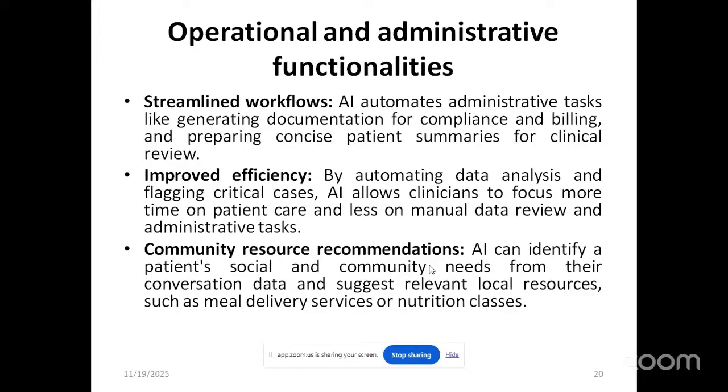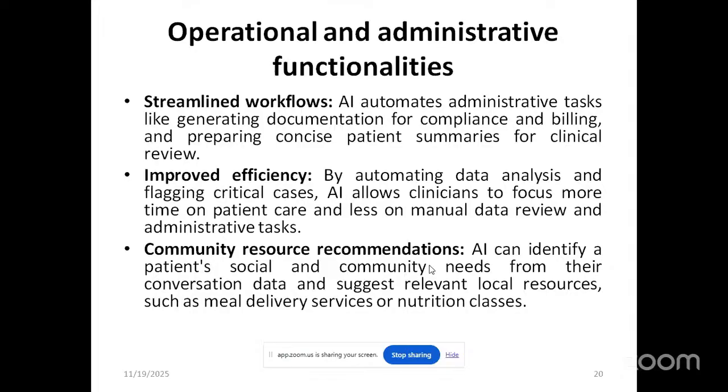Next is improving efficiency by automating data analysis and flagging critical cases, allowing clinicians to focus more time on patient care and less on manual data review and administrative tasks, such as comparing previous data.